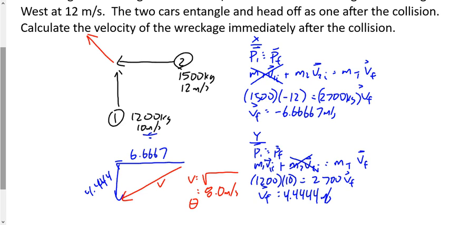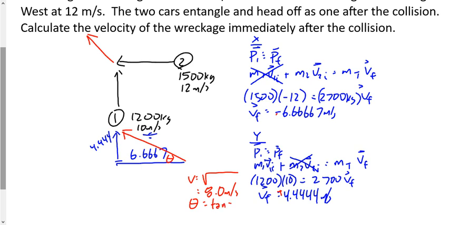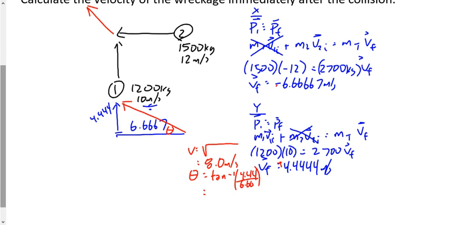That 4 shouldn't be down, should it? It should be up. It's positive, right? This is negative, it's left. This is positive, so it's up. That doesn't change my numbers there, though. V is still 8 meters per second. Theta is still the inverse tan function of 4.44 over 6.66. It gives me an angle of 34 degrees. We're going to say that's 34 degrees north of west.